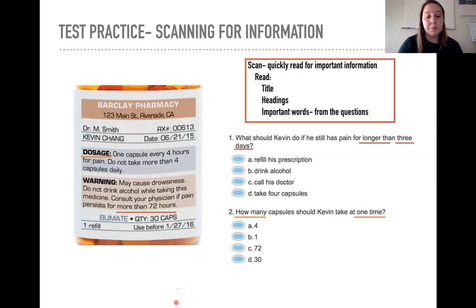I'm going to stop sharing for a second. There we go. I am going to send you some questions to do for homework. In those questions, I want you to underline the important words in the question, and then looking at the label that you're going to be reading, I want you to underline where you see the answers.